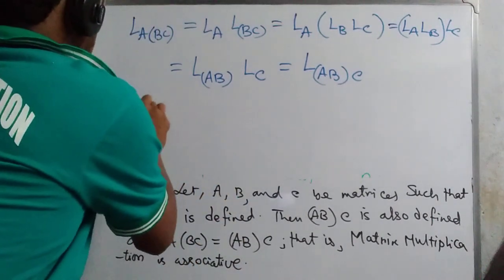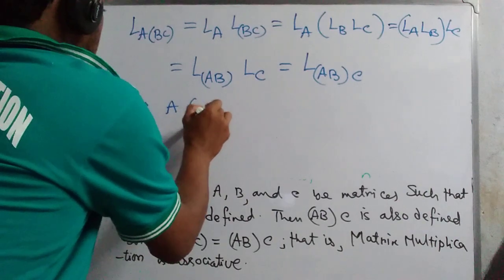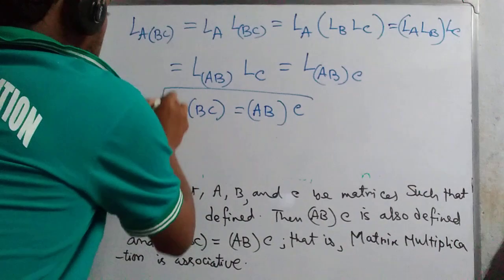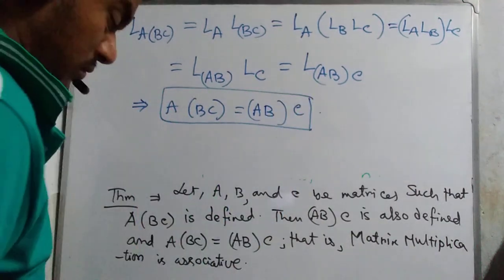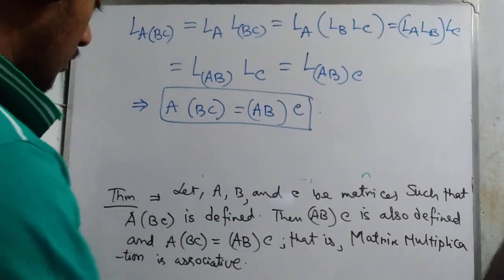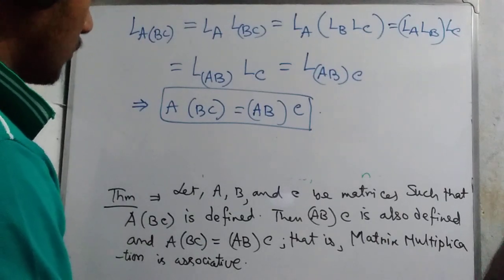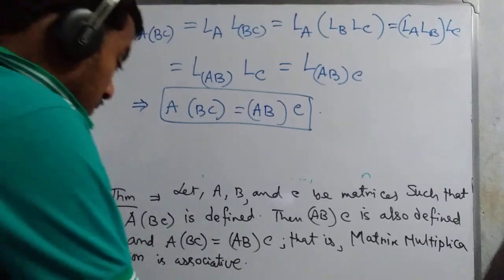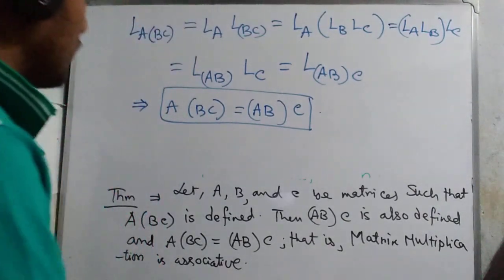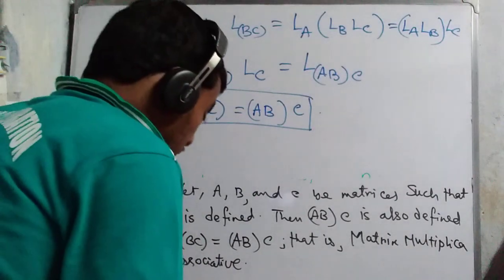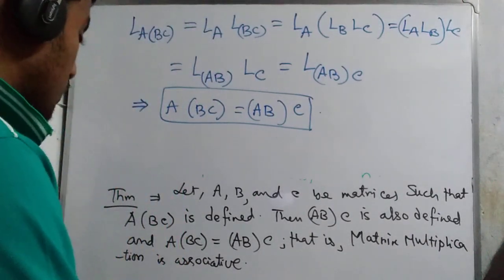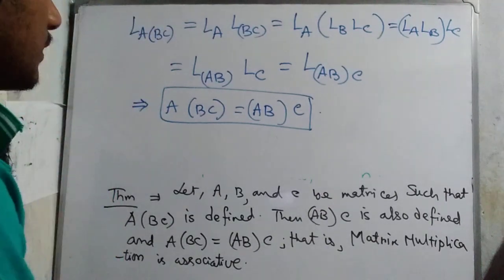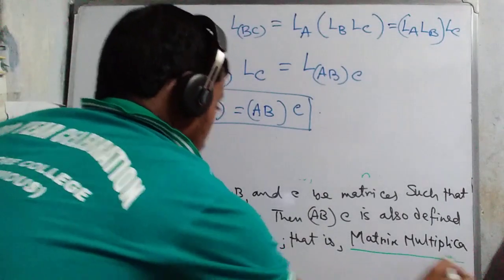Then we get A(BC) equal to (AB)C. Understood? Not a problem at all. We discussed this easily, and we also proved that matrix multiplication is associative. This one is proved now.